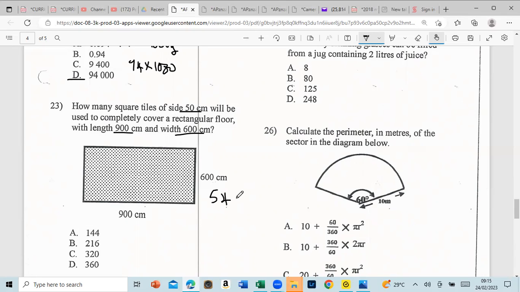Alright, so we are trying to figure out the total. I think we should add extra zeros. So we are trying to figure out the area for this one, which is 600 by 900.